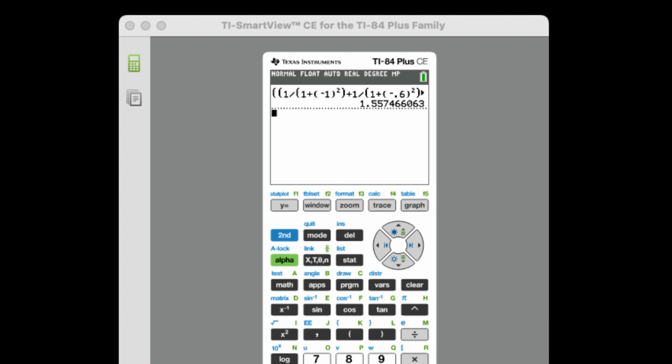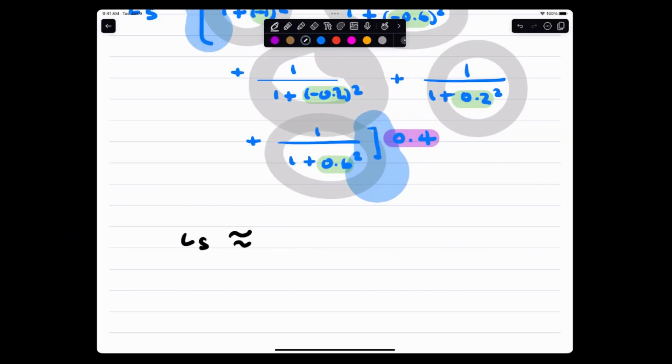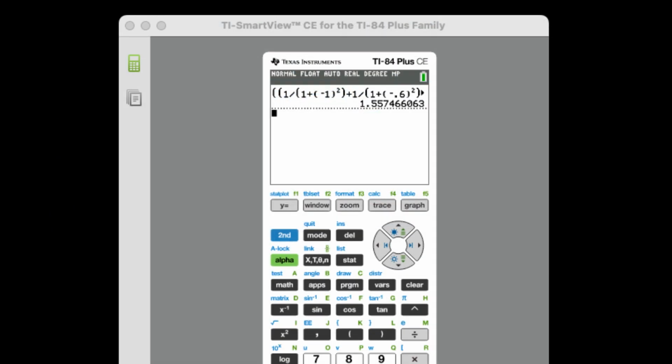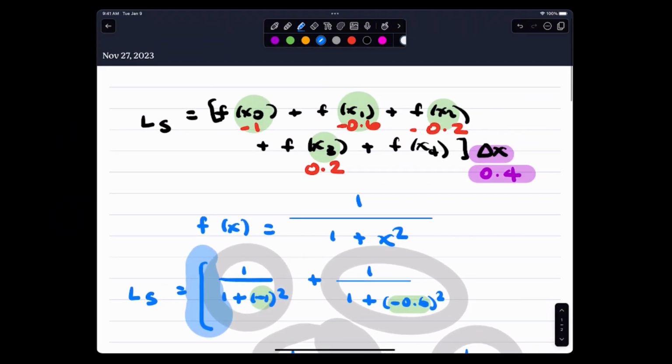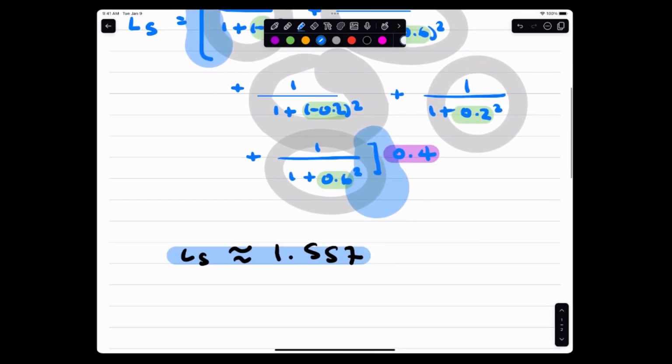This is the left endpoint approximation. What do you guys get here? As we go to thousandths, 1 point what? 557 to the thousandths? Is that right? And there you go. Here's your left endpoint approximation.